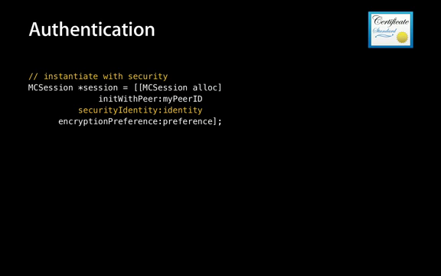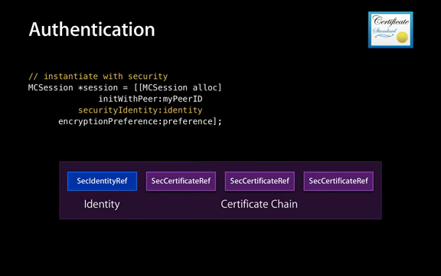Identity is an NSArray object that should adhere to a specific structure, which is depicted on this slide here. The first object needs to be your identity, and that identity needs to be of type SecIdentityRef, and that first object is followed by a chain of certificates of type SecCertificateRef that validate your identity.